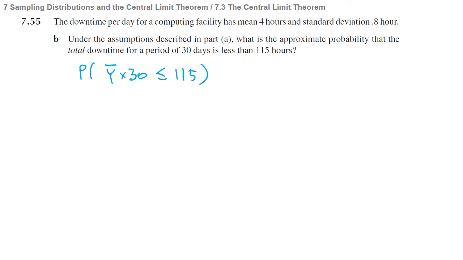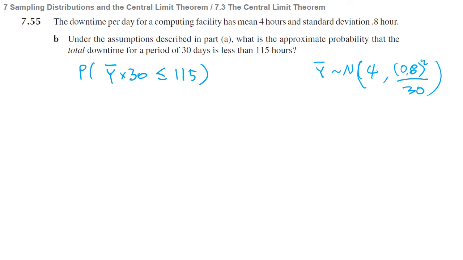Okay, and previously we calculated the distribution for y bar that follows normal distribution with mean 4 and variance 0.8 squared divided by 30. By using CLT, y bar follows this.